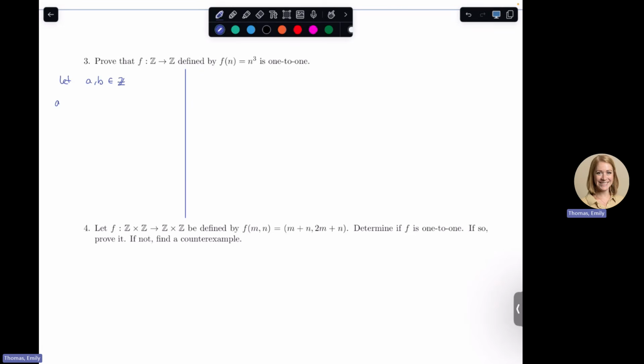We want to assume the place that they landed was the same, and then we want to show that A actually equals B.